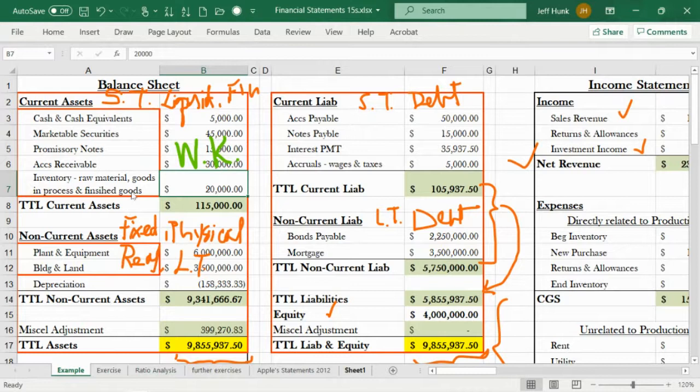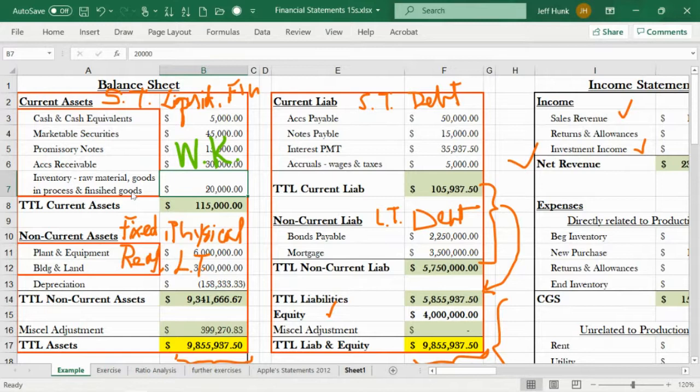There shouldn't be a lot of finished goods held up in inventory. Obviously, if that's the case, then you're making products that aren't selling. So that's a bad thing, right? So in most cases in manufacturing, inventory would mean raw materials and goods in process.